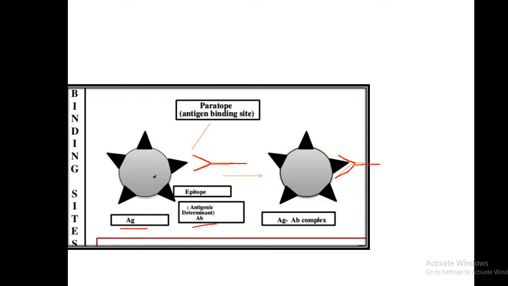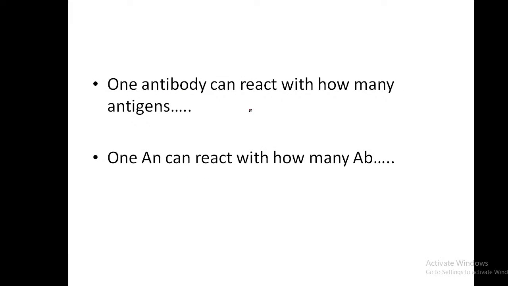The surface on the antigen is called epitope and the binding site on antibody is paratope. Then, when it is exposed, a complex will form between the antigen and antibody, and that is known as antigen-antibody interactions.